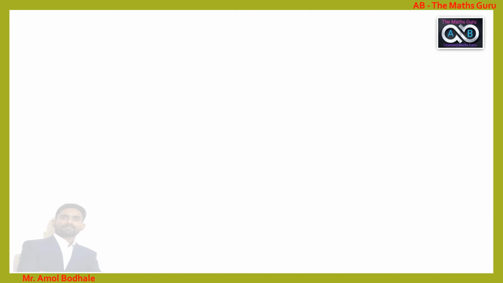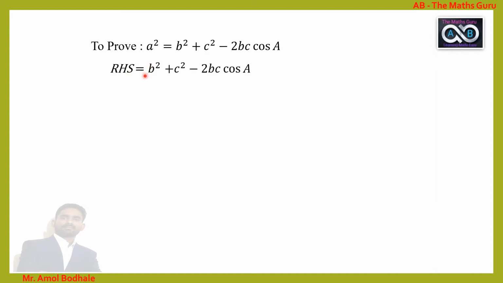Let us consider the RHS of a square equals b square plus c square minus 2bc cos A, that is b square plus c square minus 2bc cos A. We put the values of b square and c square from the previous equations: b square is replaced by bc cos A plus ab cos C, plus c square replaced by ac cos B plus bc cos A, minus 2bc cos A as it is.